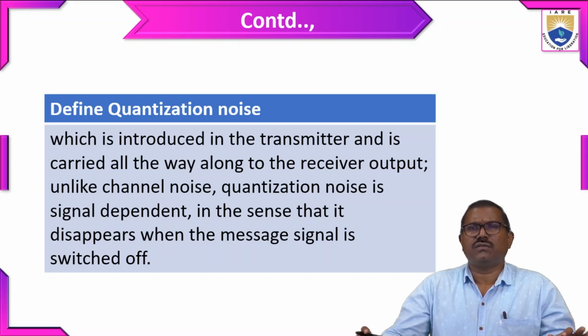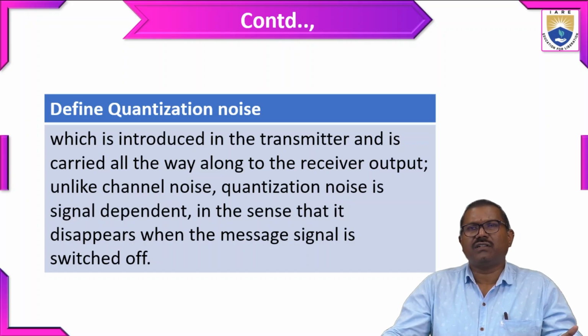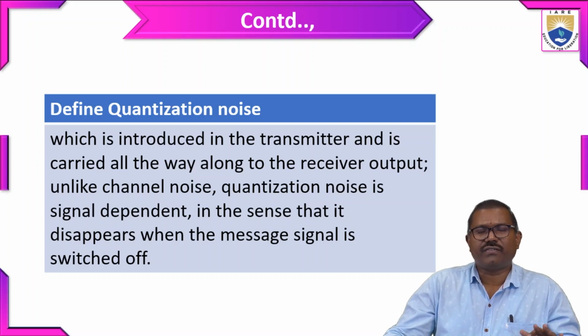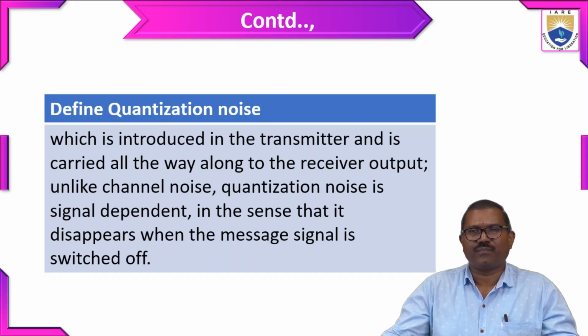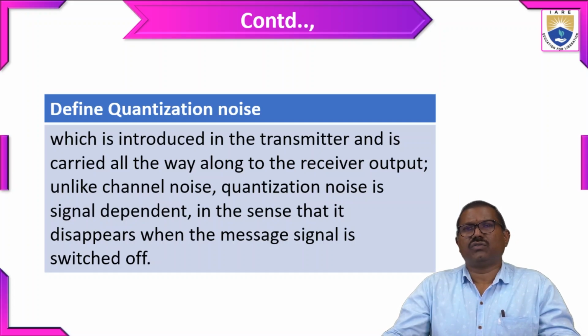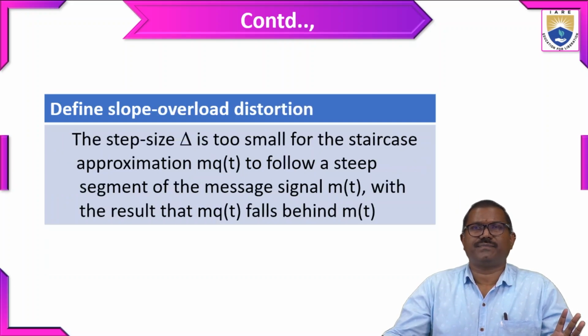So quantization noise is also always present along with channel noise. Quantization noise arises when we convert an analog signal to a digital signal using a quantizer. The difference between the input and the quantized signal is called quantization noise. So there are two noises: the quantization noise and the channel noise, always present.